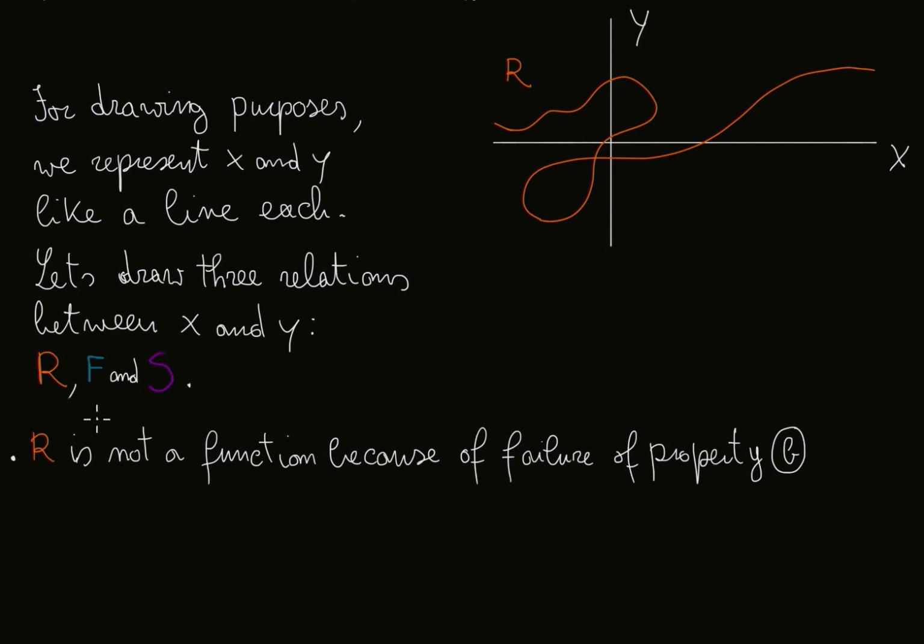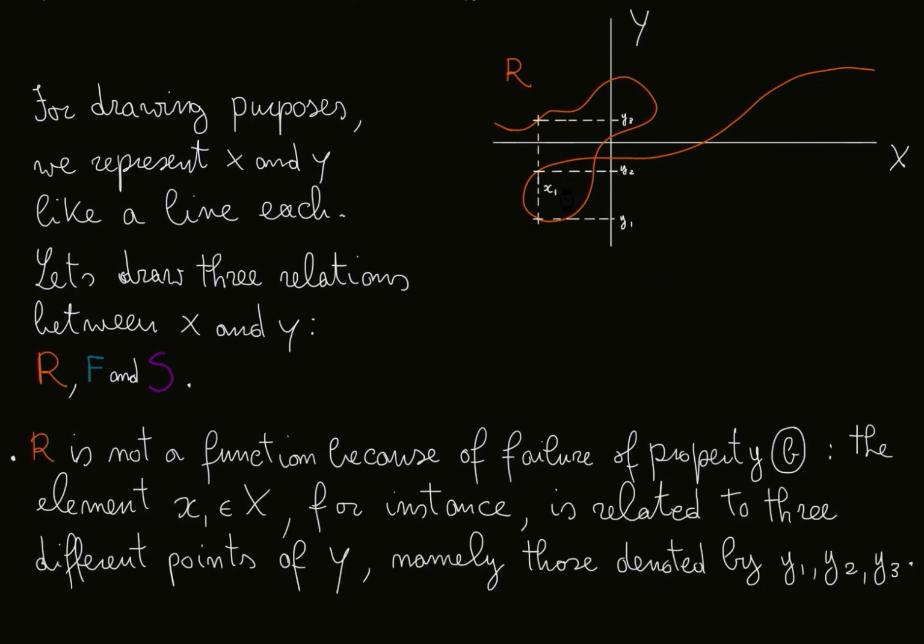So R, we can see right away that it is not a function because of failure of property B. What did property B state? Property B stated that to each element of x, there should be a unique element of y which is in relation with that element of x. We take this element of x, which we call x1. It is this element right here.